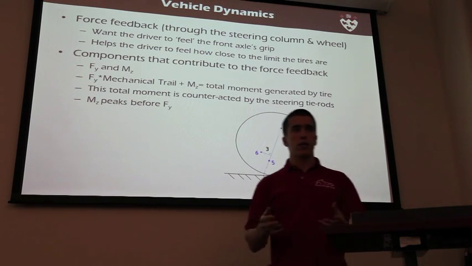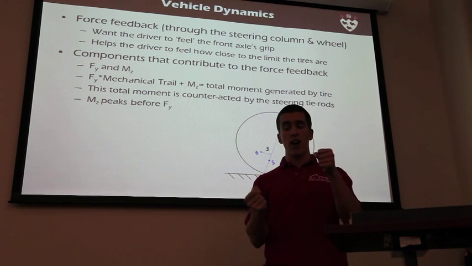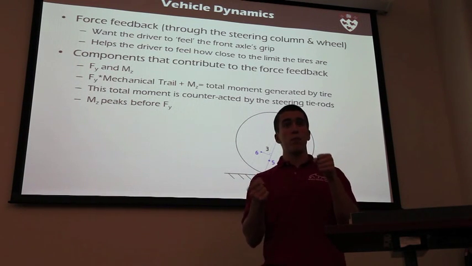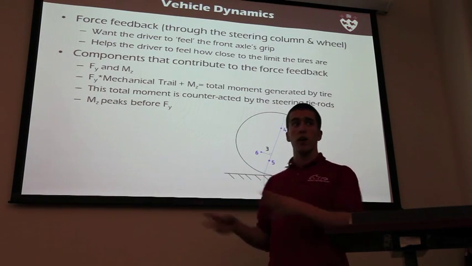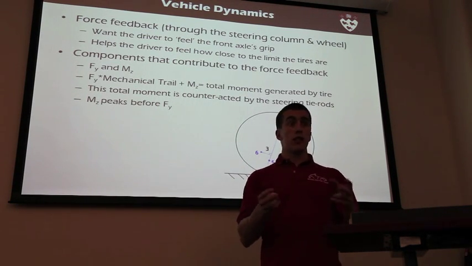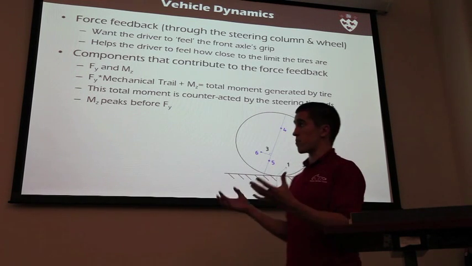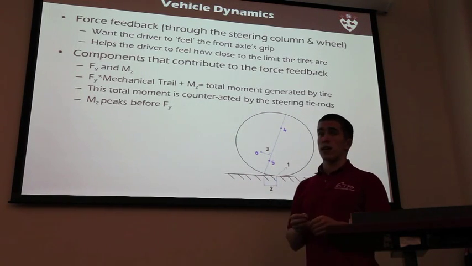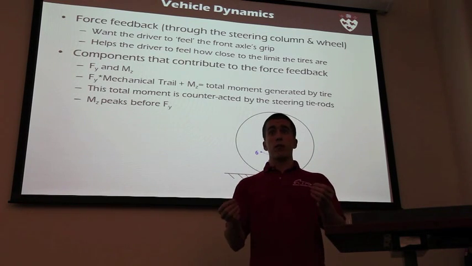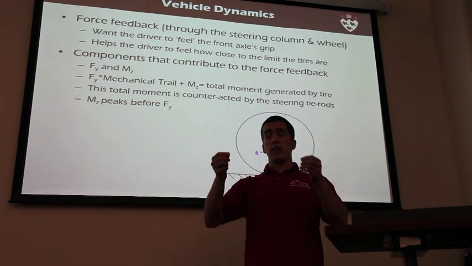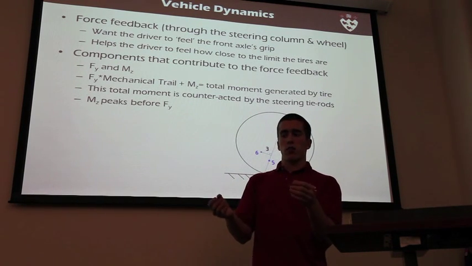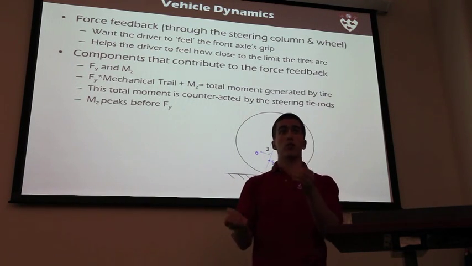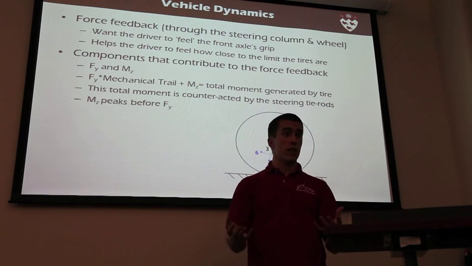What that means is the driver will feel the highest feedback at the steering wheel before he reaches the maximum lateral acceleration, Fy, that the car can achieve. So that can be misleading for the driver if he doesn't have much experience, in the sense that the driver might think from the feedback that peaks and then falls off, after the steering wheel gets softer, that the car is losing grip, so he should not go further, which might not be the case.